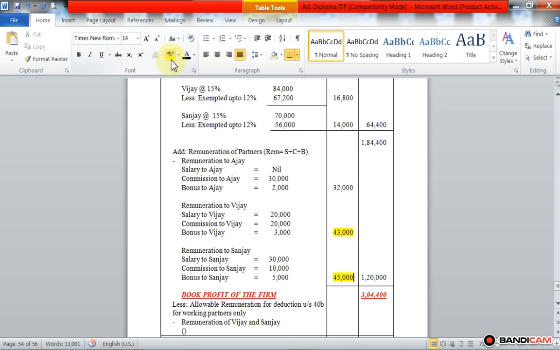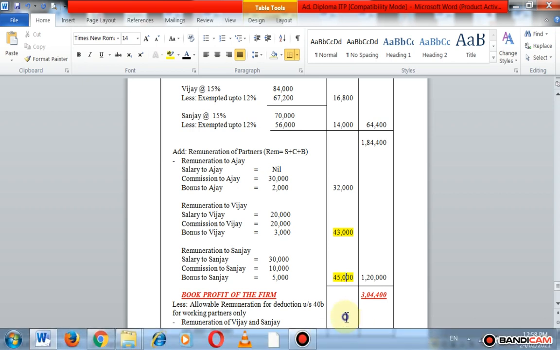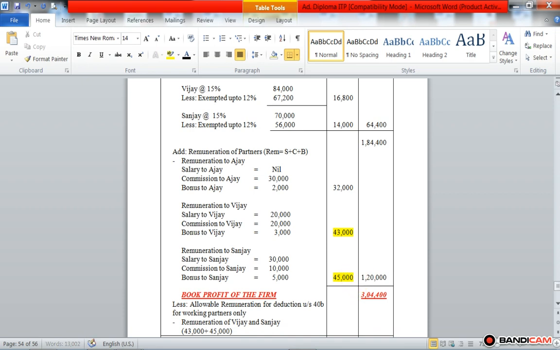So we get a deduction of only Vijay and Sanjay's remuneration. So 43,000 plus 45,000, that is 88,000. It is part A.